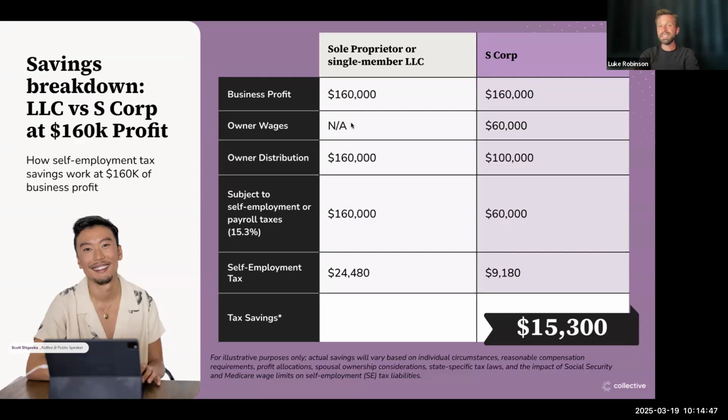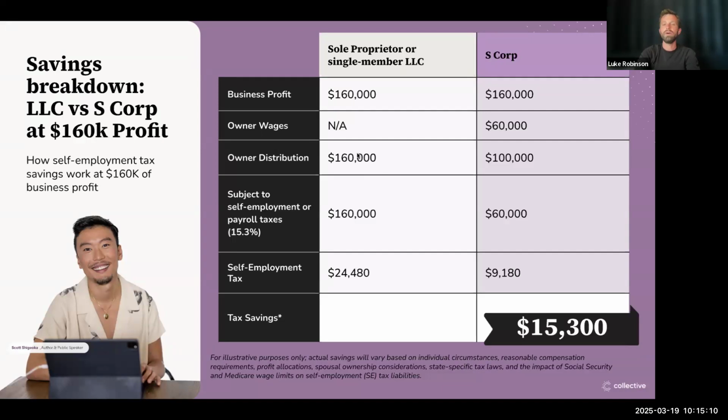Over here on the LLC side, you've got that 160 grand, but you can't pay yourself wages. Wages for an owner of an LLC aren't a thing. Doesn't make any sense to pay yourself as a W-2 employee when you simply have an LLC. There's no benefits, not possible. So then the distribution is the full 160K.